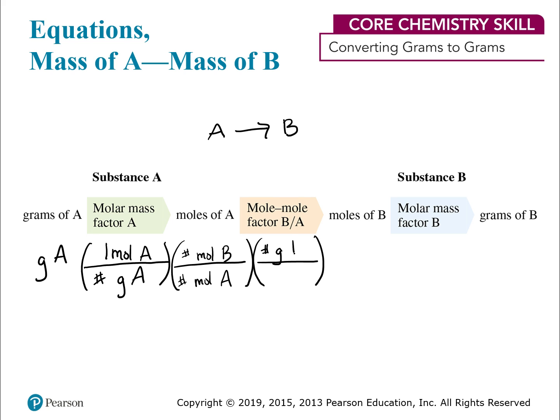You're going to take the molar mass, the number of grams of B, and put it in the top, and 1 mole of B on the bottom. This is what we're going to be doing.